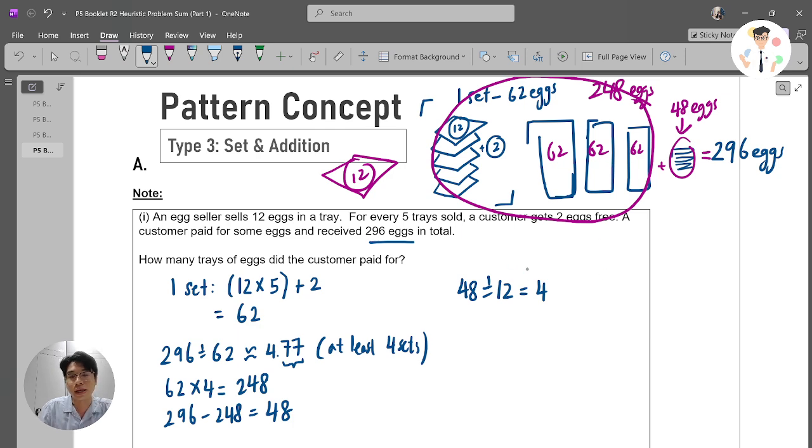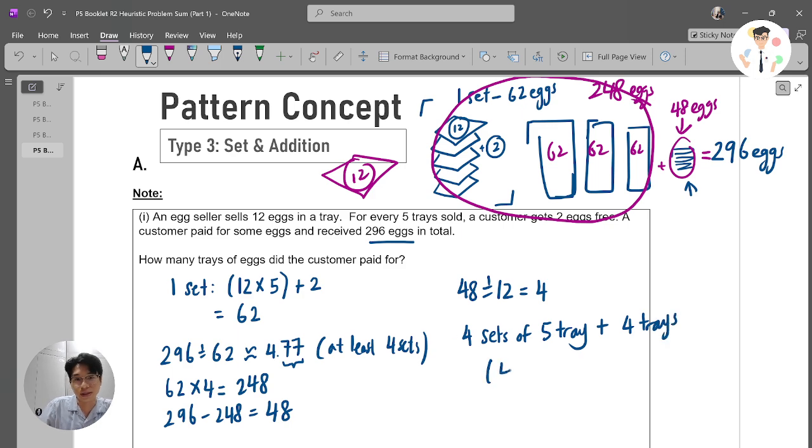So then I can write this: I have 4 sets of 5 trays. 1, 2, 3, 4, 4 sets. Each set I have 5 trays, plus extra, 4 trays here.